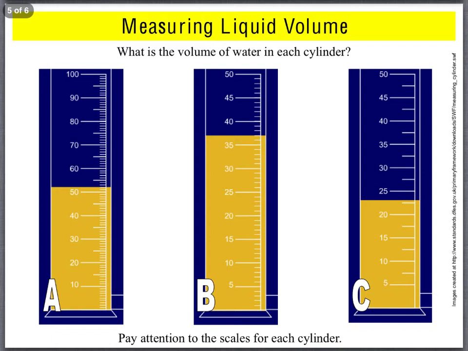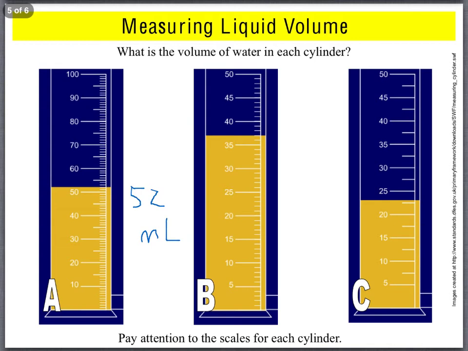Looking carefully at the scale of each graduated cylinder and where the top of the volume of water is, let's see if you can figure out how much volume is in each of the graduated cylinders. For the first one here, it appears that there's about 52, and we can assume that we're talking about milliliters here. Hopefully you saw the 52 in A.